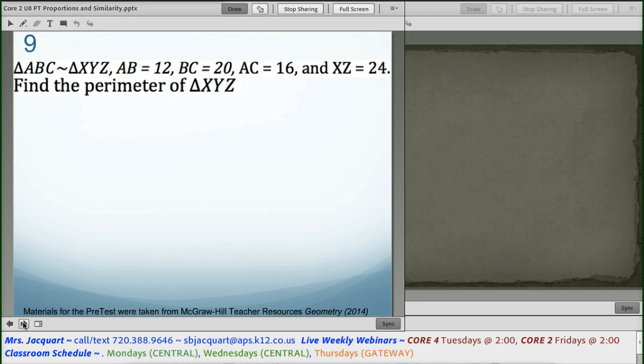Okay. A, B, C, X, Y, Z. They're similar, so we want to find the perimeter of it.